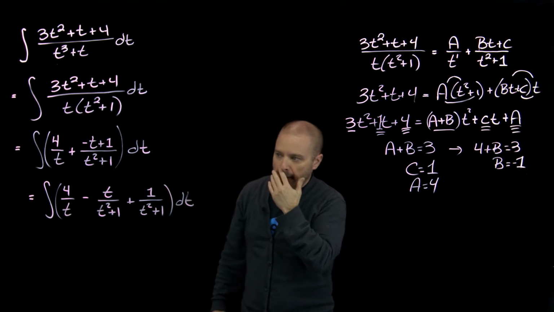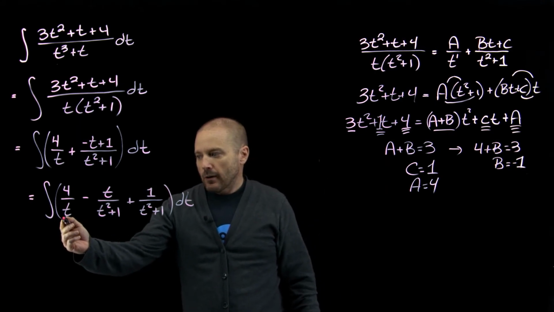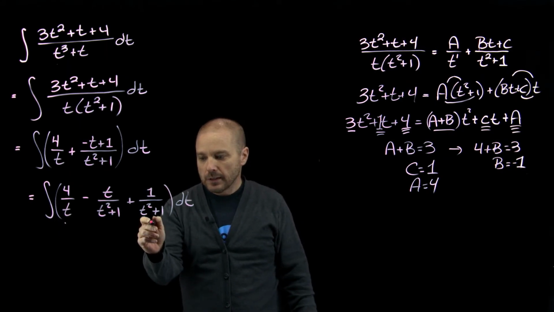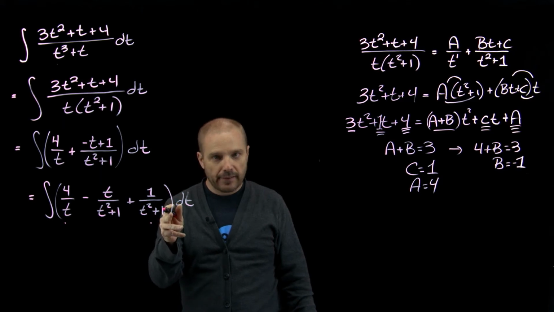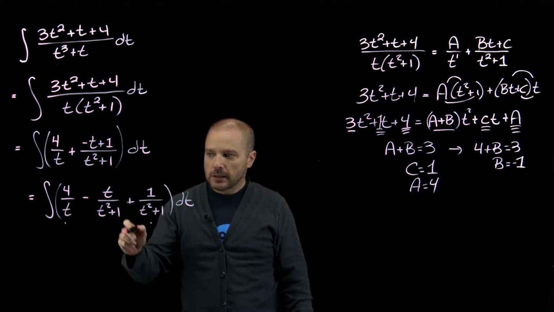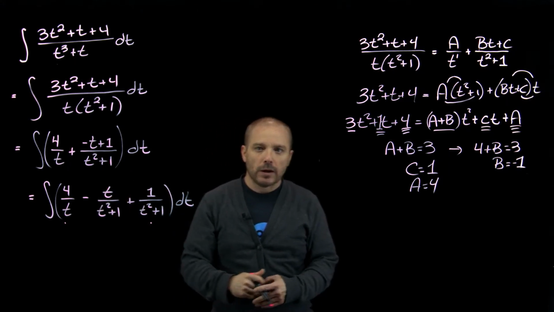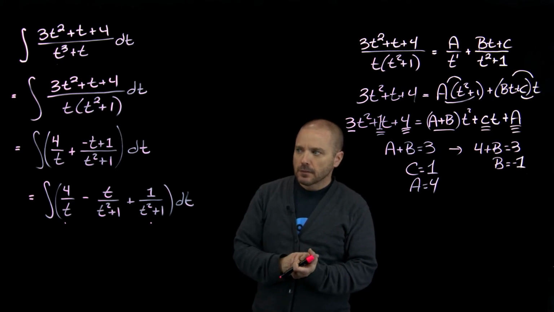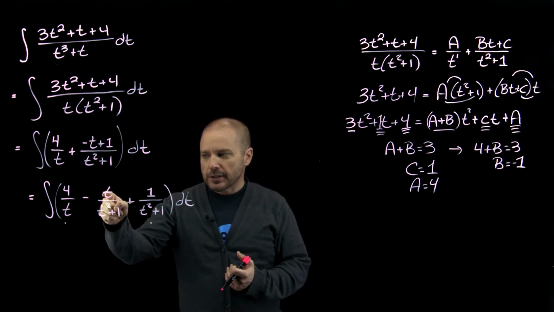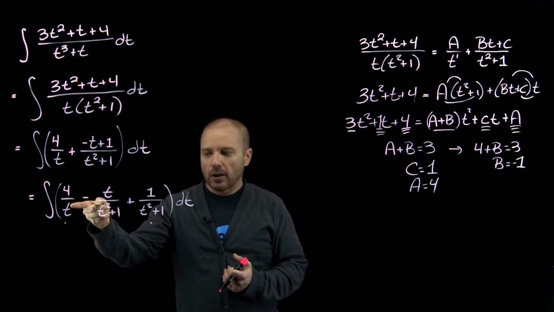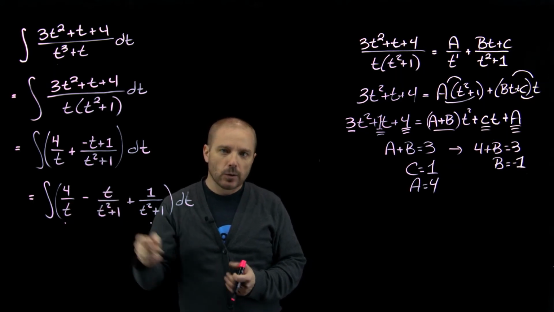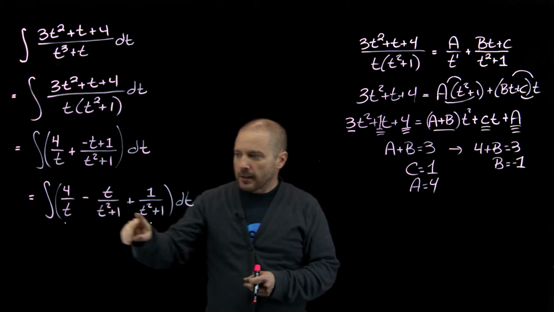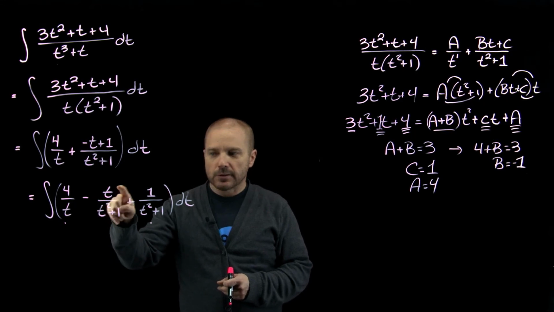Now let's see what we have. Again, we know how to do that, natural log. This one, remember, that's the derivative of tan inverse. We know that one. All we really have is that middle one. But no matter what that coefficient on t had been, we could always just take it off. And you have t over t squared plus 1. Well, the derivative of t squared plus 1 is 2t.